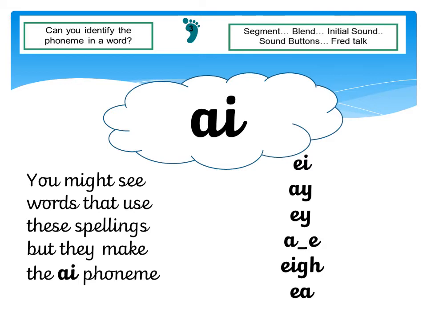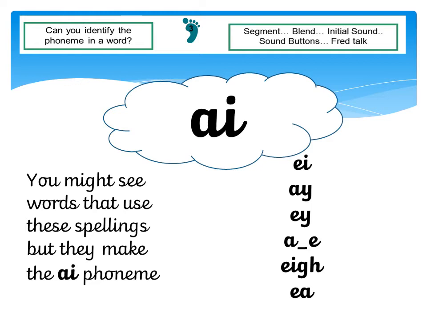So you might see that A phoneme being spelt using these ways: EI, AI, EY, A split digraph E, EIGH, and EA.